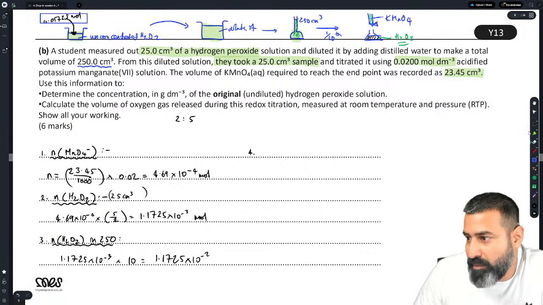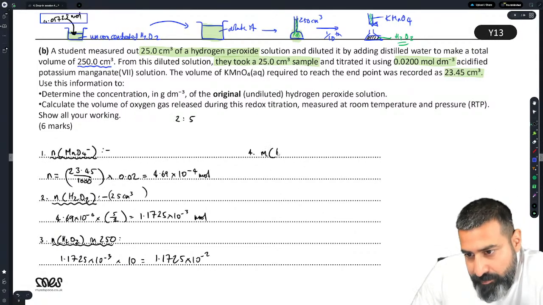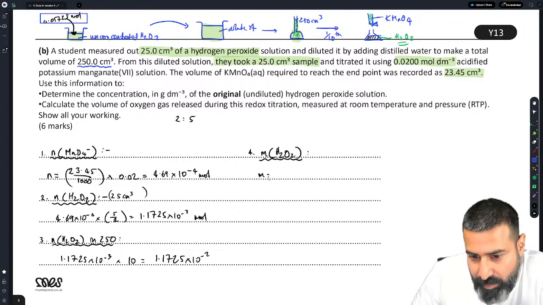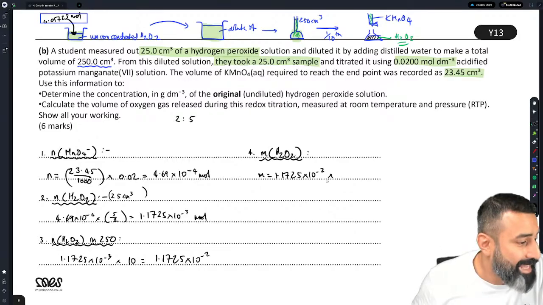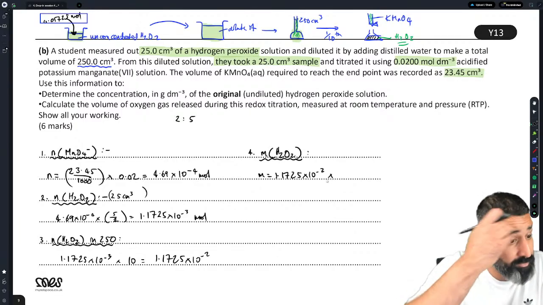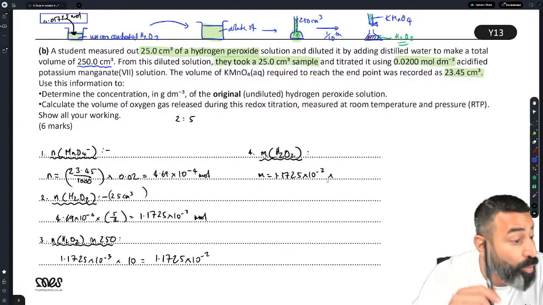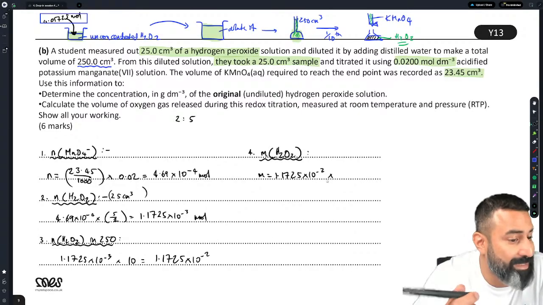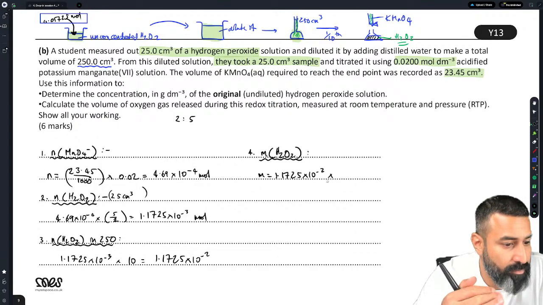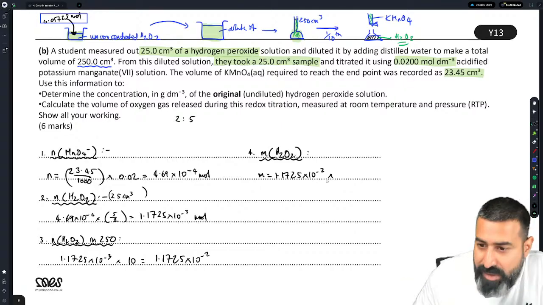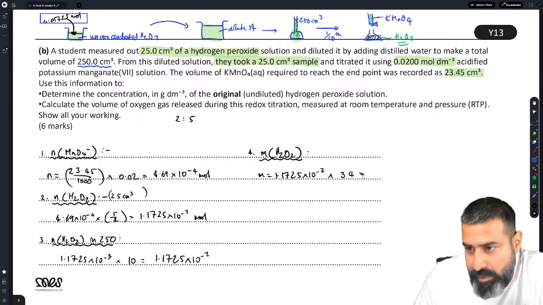And I also know the volume, but I want to know the mass of H2O2. So the mass of H2O2 is going to be equal to 1.1725 times 10 to the minus 2 multiplied by the MR. And what is the MR? We could do that, Charlie, but it's asking for grams per decimeter cubed, so I'm going to multiply by the MR here. Absolutely. So times 34. Okay, cool. So what do we get?